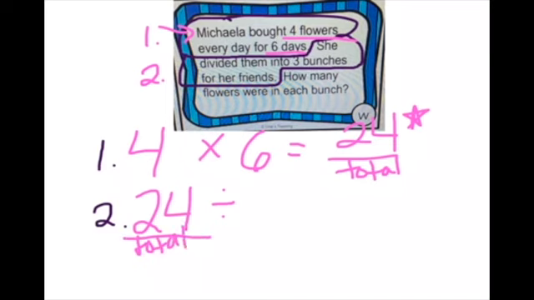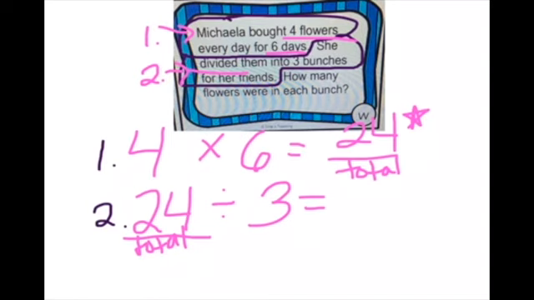And do you want to know why I knew we were going to divide? Because if you read the second sentence, it even says she divided them into 3 bunches. So that means 24 will be divided by 3. Those are the bunches that they're talking about. And then 24 divided by 3. That might be a tricky one if you haven't seen that one on Reflex Math yet.